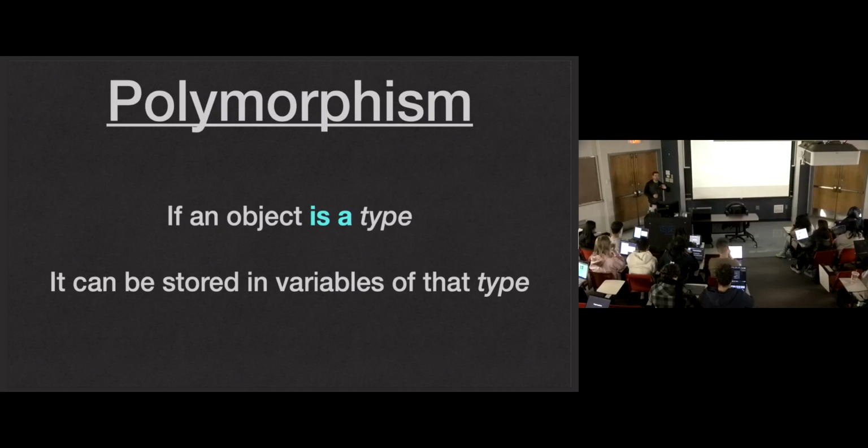And I'll blur the line a little bit here. Abstract classes, abstract methods, and interfaces don't really make sense unless you're using polymorphism. If you're not using polymorphism, you could just let all of your classes define their own methods.